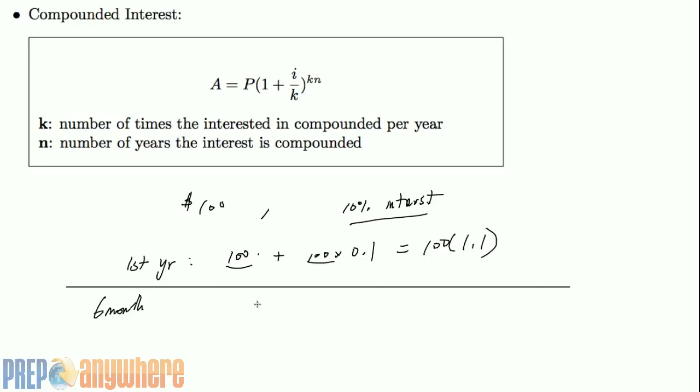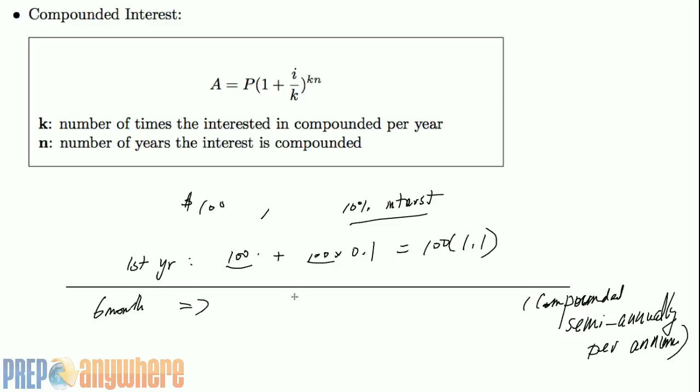We call this compounded semi-annually, per annum. Per annum means per year. So we have to use some financial language here.